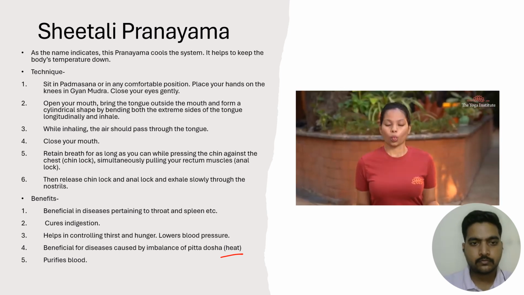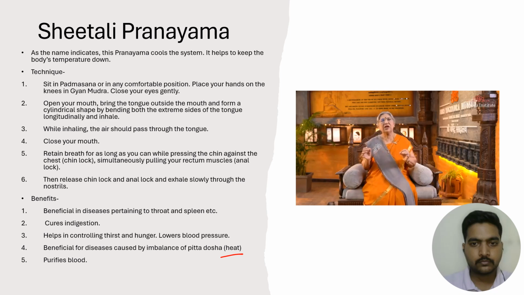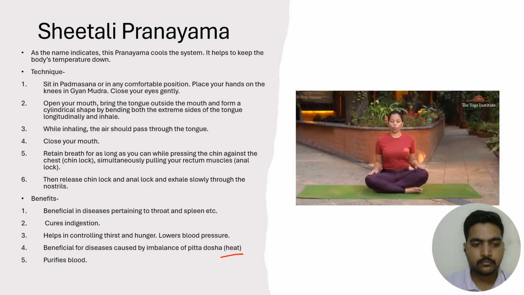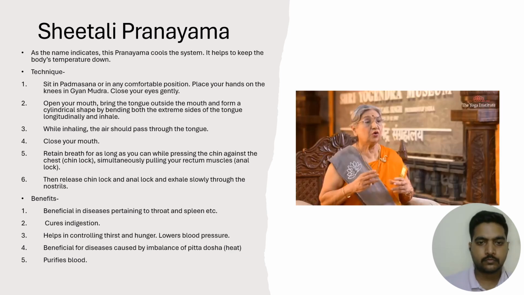Inhale forcefully and feel that coolness in the throat. Exhale normally. So here you are inhaling strongly from your mouth and then exhaling from your nose. Do this 10 times and this becomes one set. Doing 3 sets of 10 rounds each would be enough.